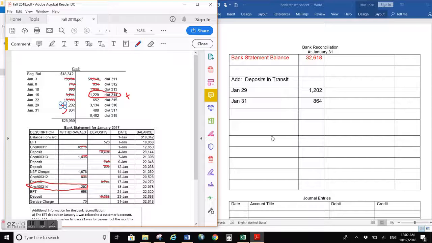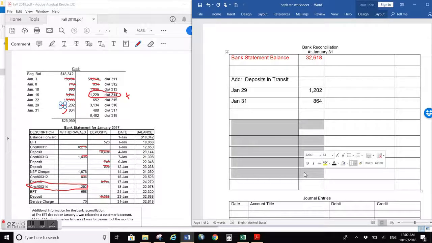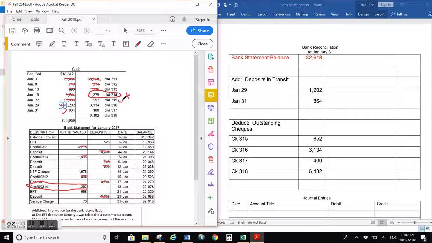So on our bank reconciliation, we are going to deduct outstanding checks. There's check 315 here, check 316, check 317, and check 318, all good to go on our bank reconciliation.